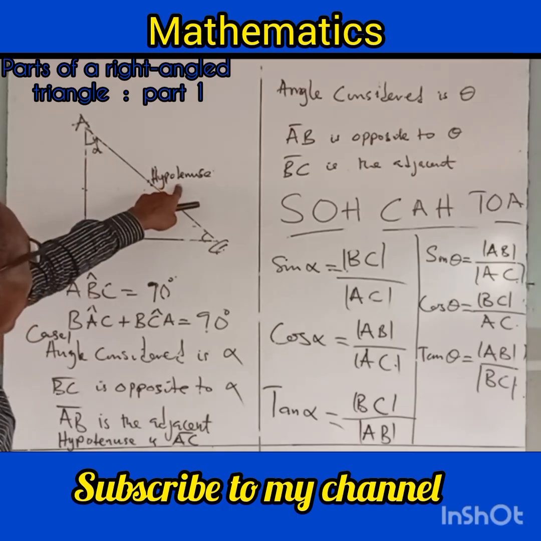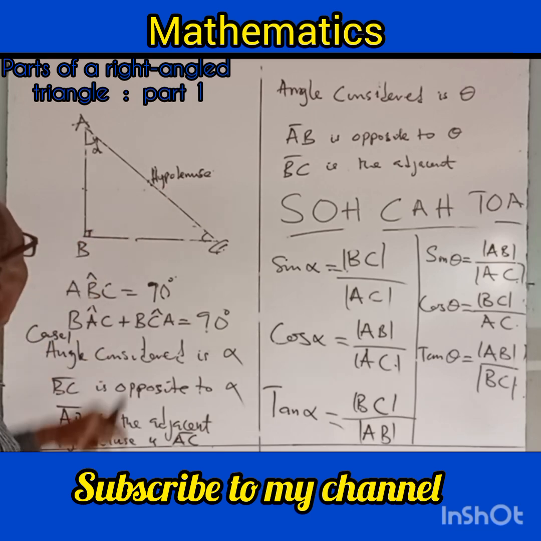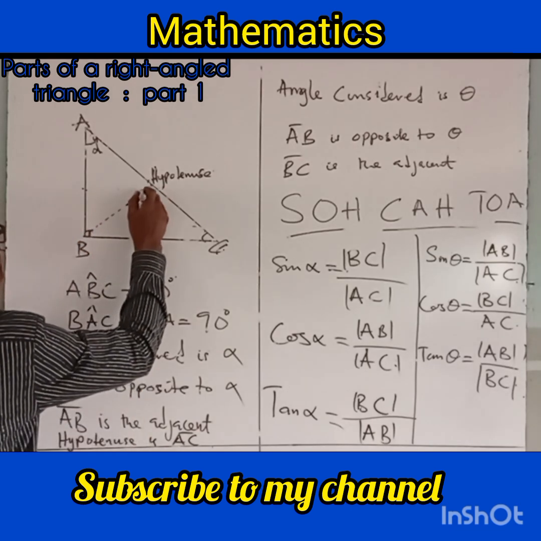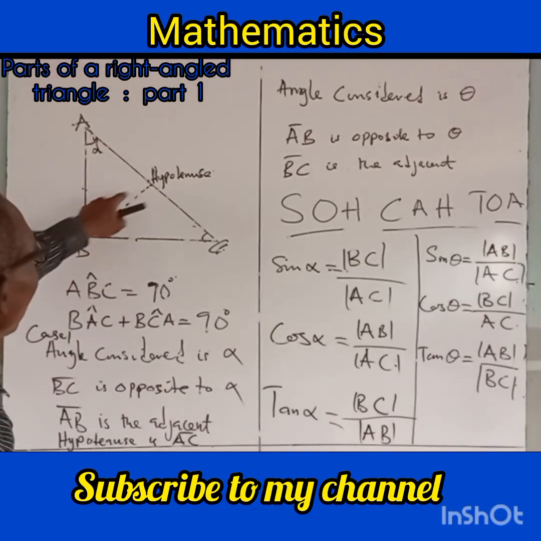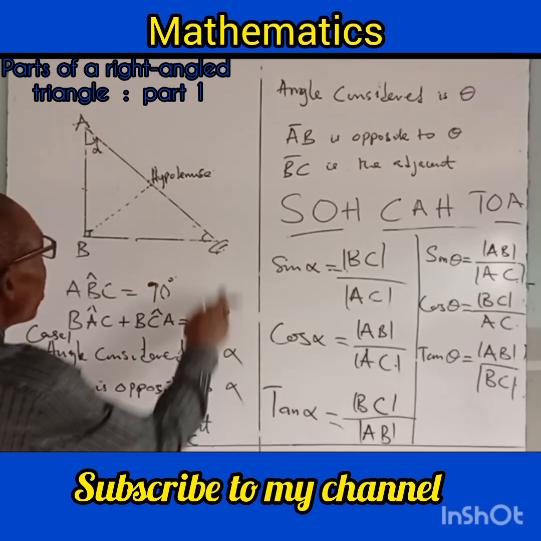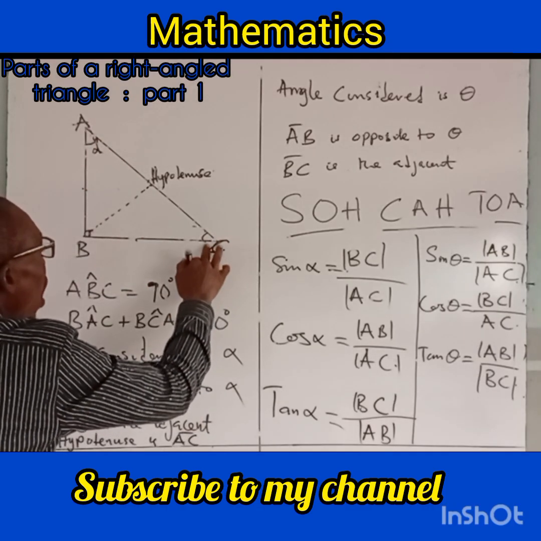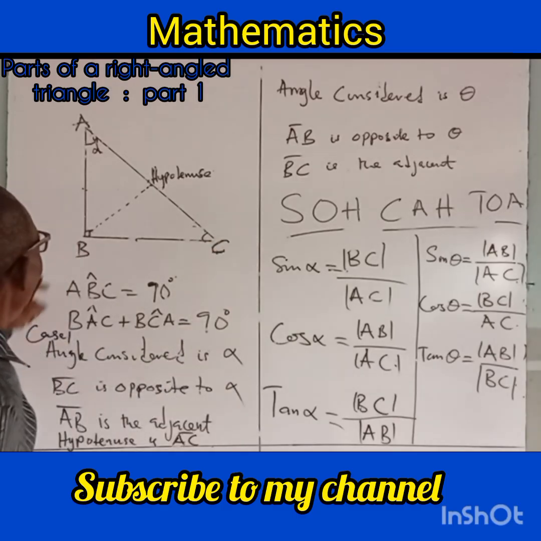The side that is directly facing the 90 degrees is the hypotenuse. It does not change. When I draw a line from here, the side it touches is the what? Hypotenuse. So AC is the hypotenuse, and it's going to remain the hypotenuse throughout this discussion, because that is where our 90 degrees is.